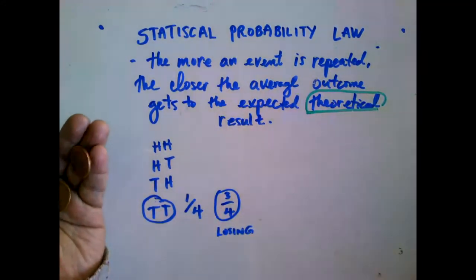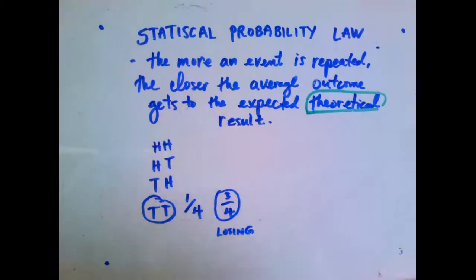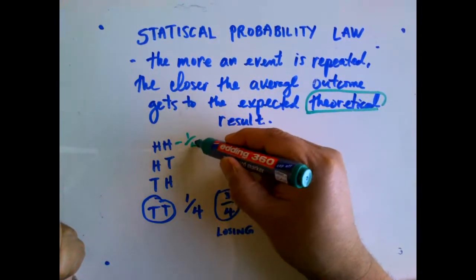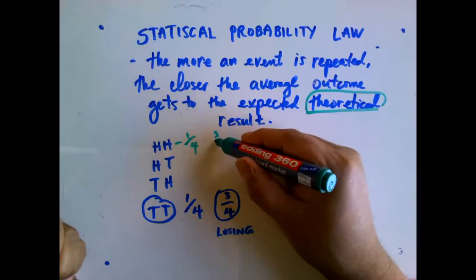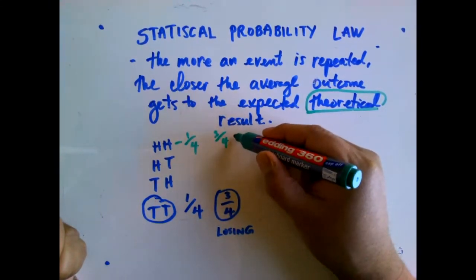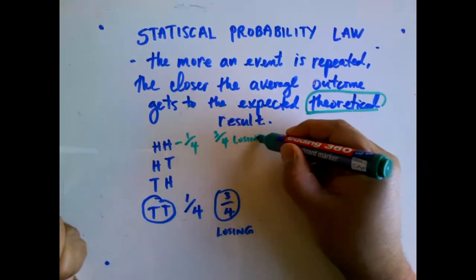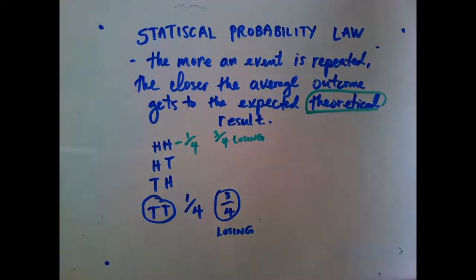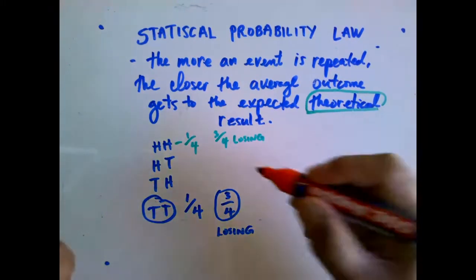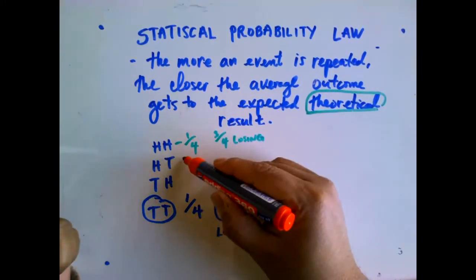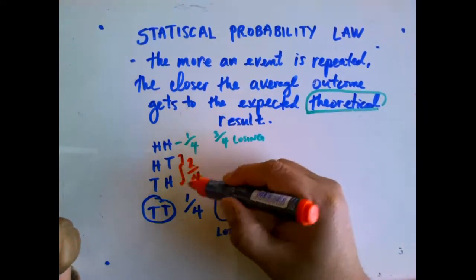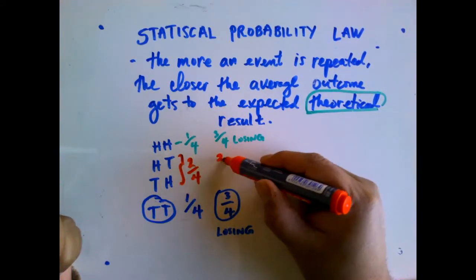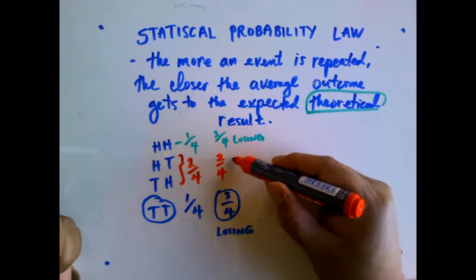This goes to show as well with all heads. With all heads, you have 1/4 of winning and 3/4 of losing. And if you bet one head and one tail, you have 50% of winning and 50% of losing.